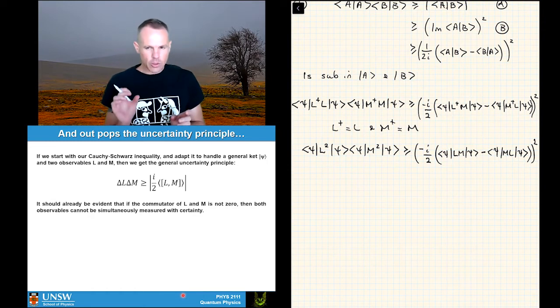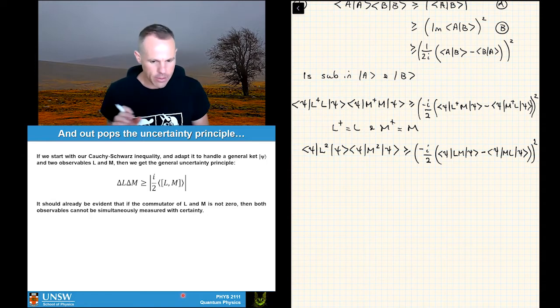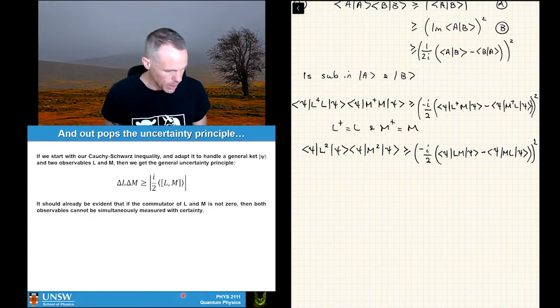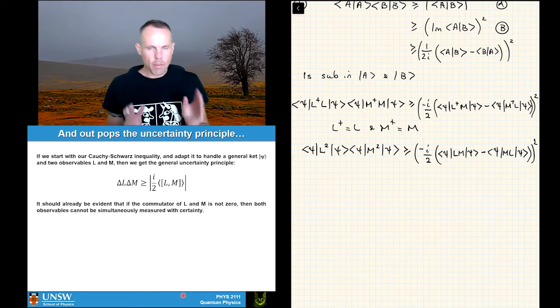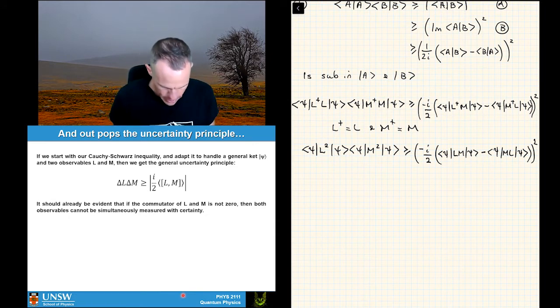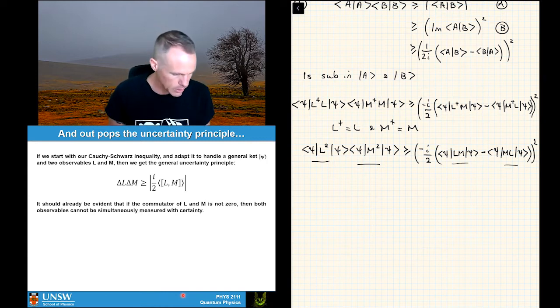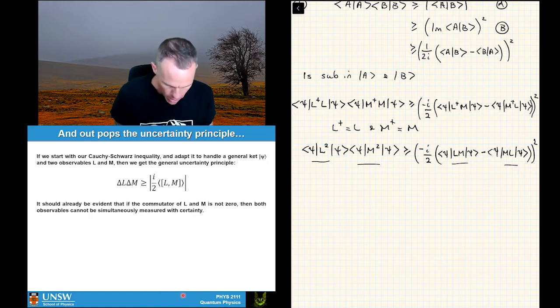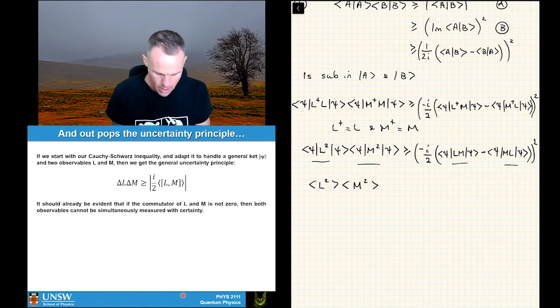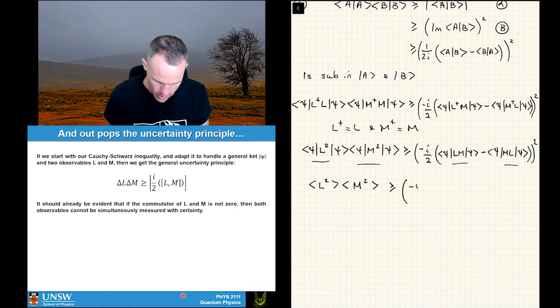And so already you can see on the right-hand side, we're starting to get something that looks a little bit like a commutator in here. So feeling a little bit comfortable about this. You'll remember that these things here are basically expectation values. Same over here, right? So we can write this in a form where we're really just dealing with expectation values. We've got the expectation value of L squared times the expectation value of M squared is greater than or equal to minus i on 2.